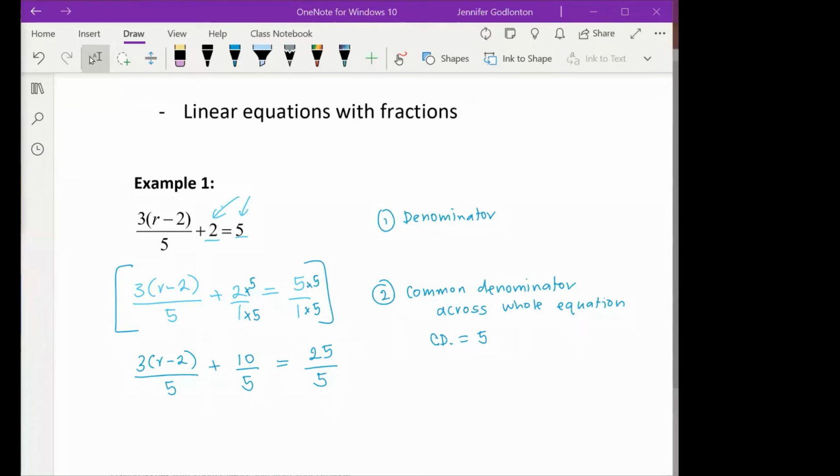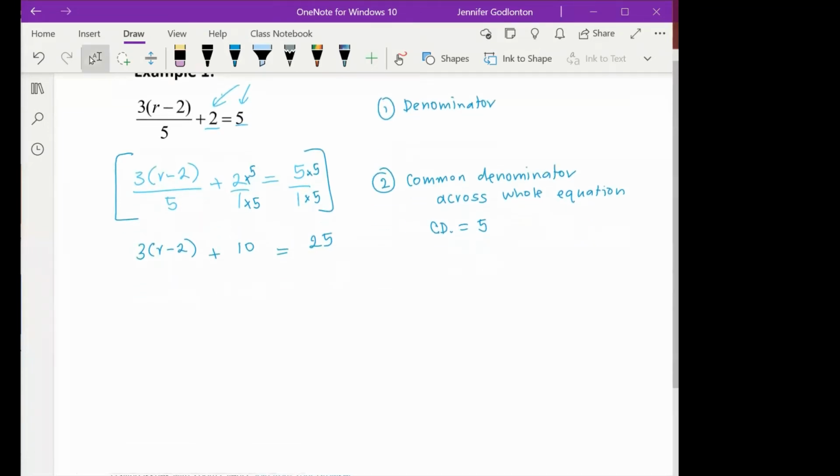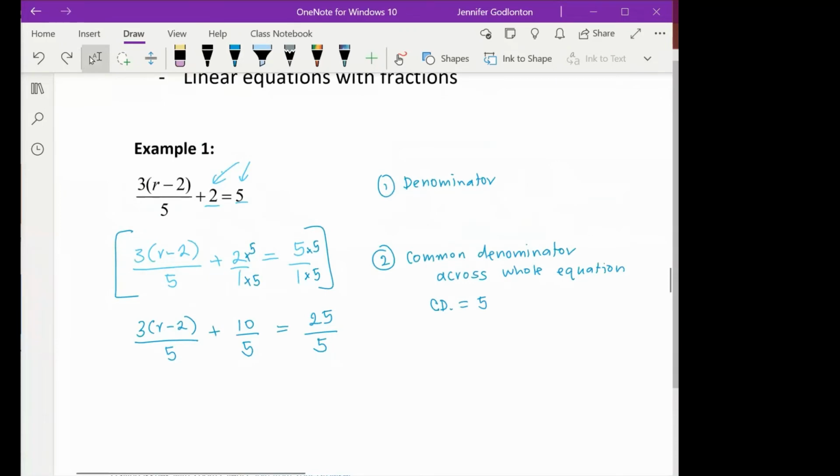So when we have a common denominator across a whole equation like this, so they're all the same as each other, we're actually allowed to get rid of it. It's like it doesn't exist, it goes away. So once we have a common denominator, we don't need to write it anymore. We cross out the denominator. I'm just going to keep them there for the moment so we can write our steps. So we would cross out the denominator.